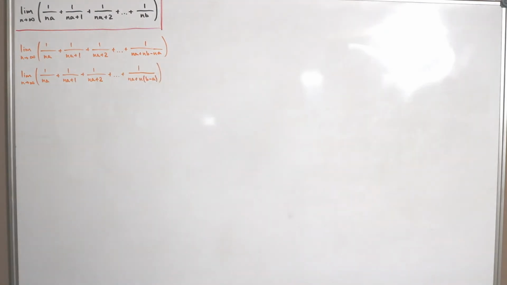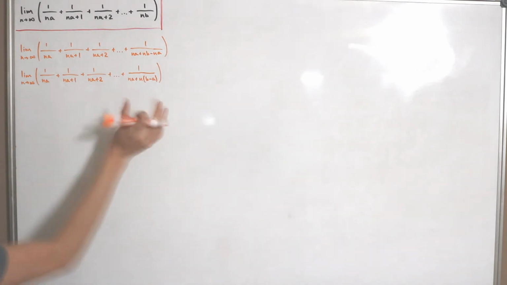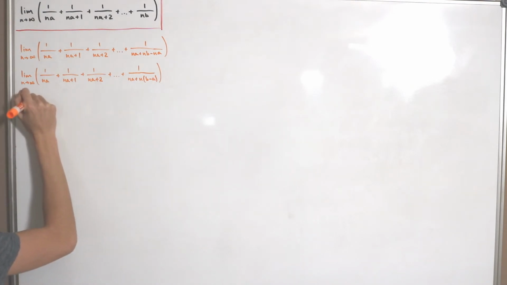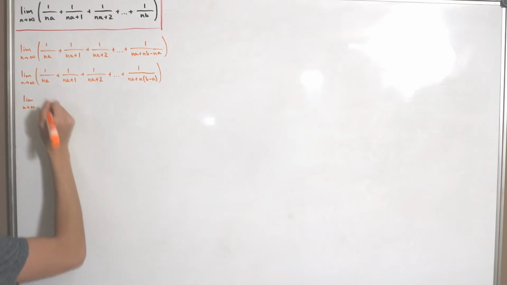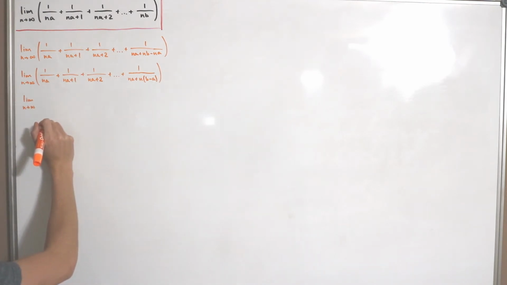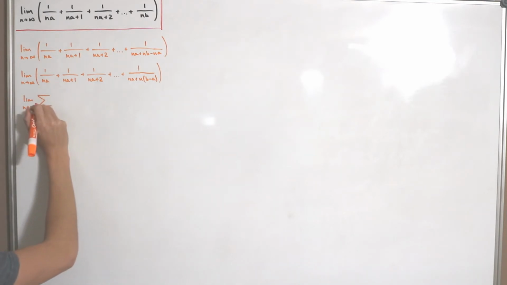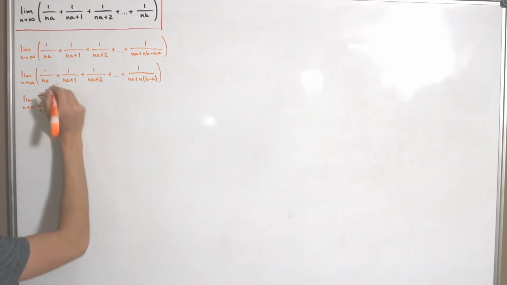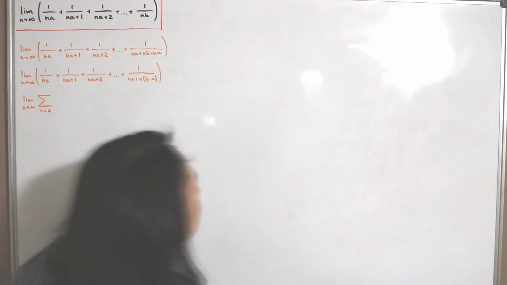Like I said before, you can see that this is a partial sum, so I can rewrite the input of our limit as a sum, specifically a partial sum, where we're taking the limit as n approaches infinity. So we have a partial sum where the index starts at, well, hold on, let me fix that index.